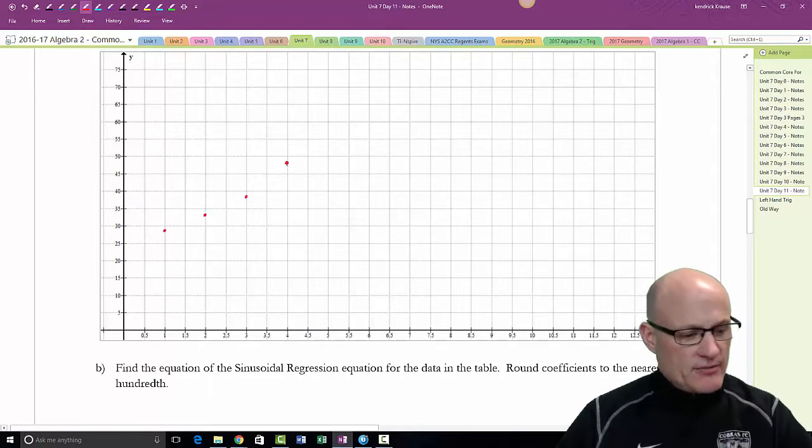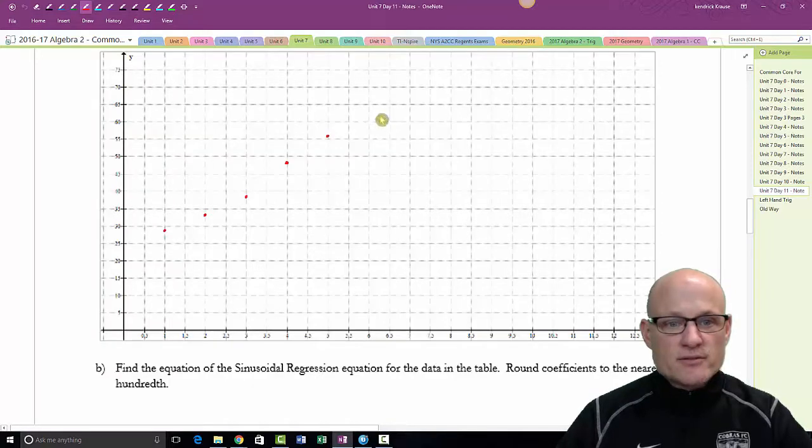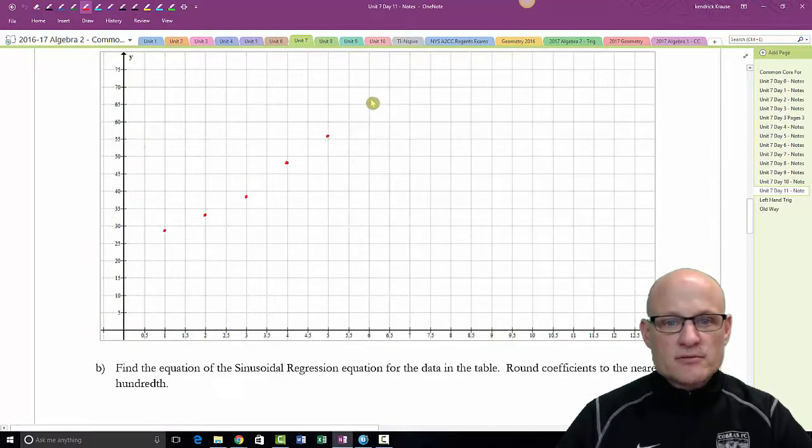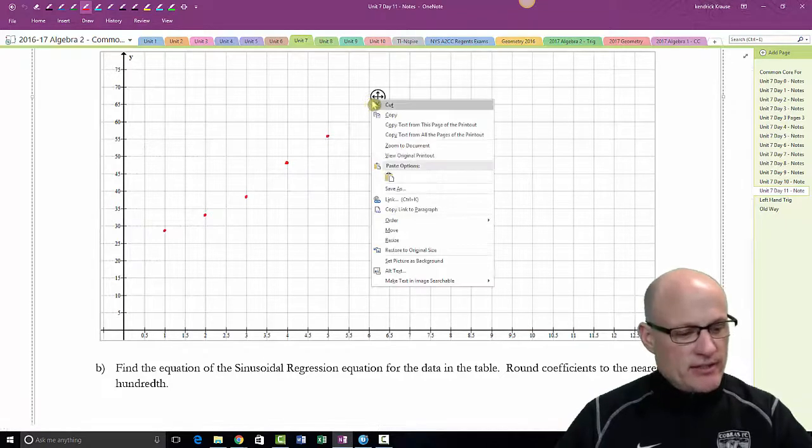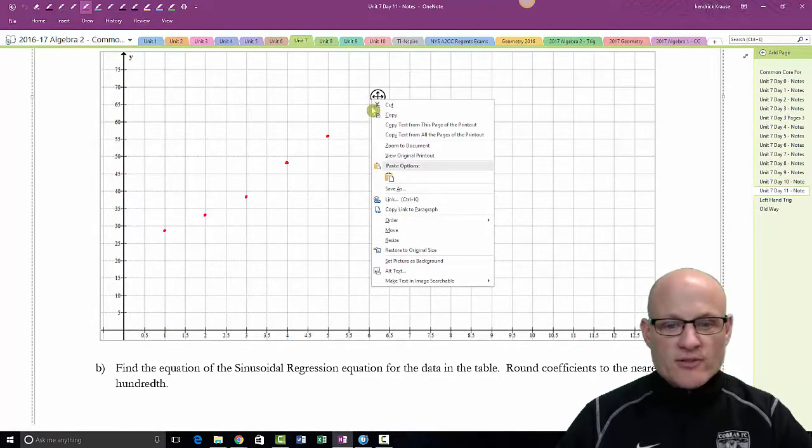At 5, we are at 57. At 6, we are at 67. At 7, we are at 74.